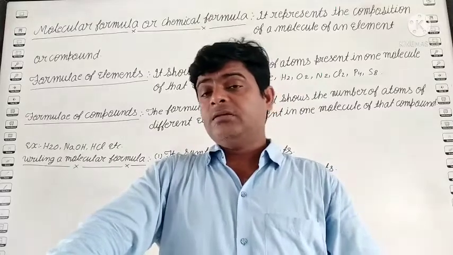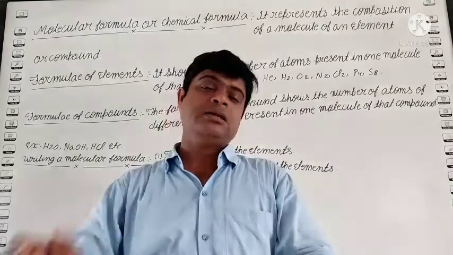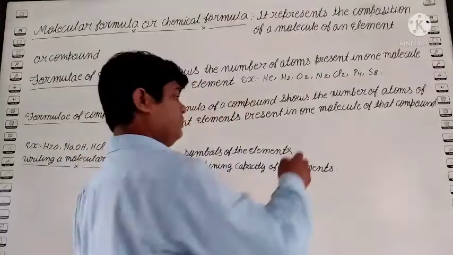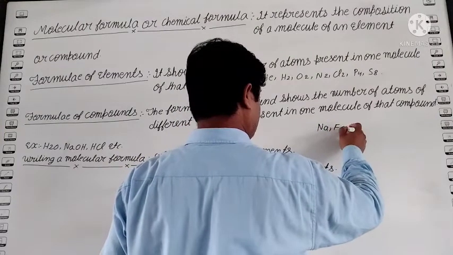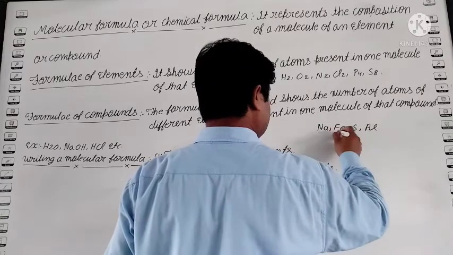Do you know the difference between an element and a compound? In an element, only the same type of atom is present, for example iron, copper, sulfur, sodium, aluminium.